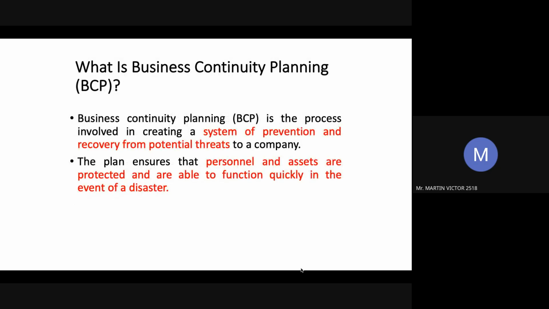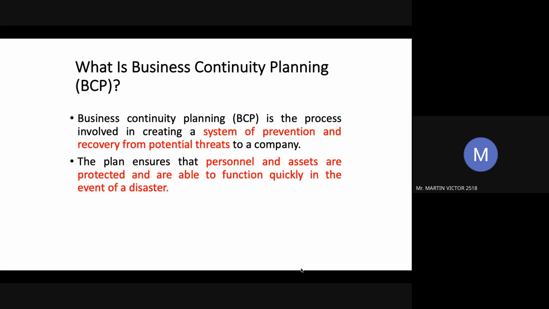As I said in the introduction, BCP is the process involved in creating a system of prevention and recovery from potential threats to a company. It can be an unexpected disruption or unexpected event that occurred, so that the company went into disruption or any threats happened.